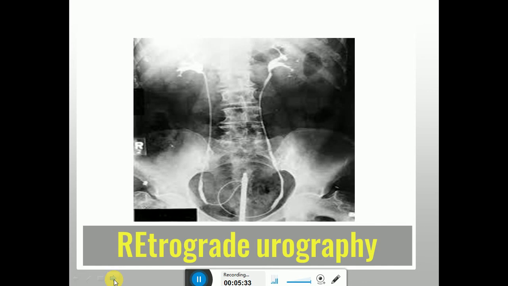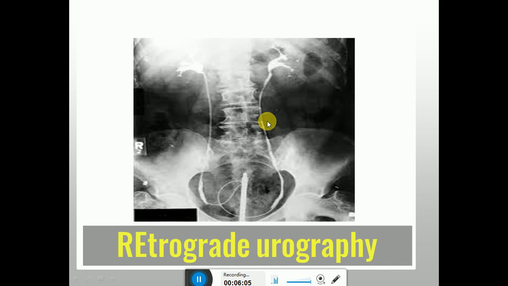Then the next type of pyelography that we have studied is retrograde urography, also called instrumental pyelography or ascending pyelography. Here we can visualize the catheter through which a dye is injected, and we can visualize the minor calyces, pelvis, and the ureter.